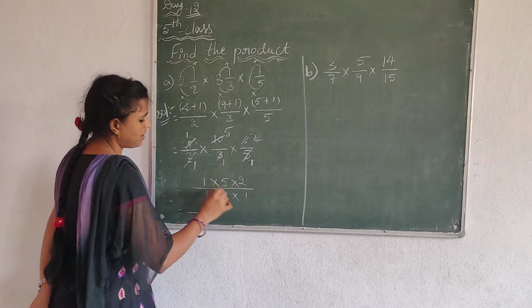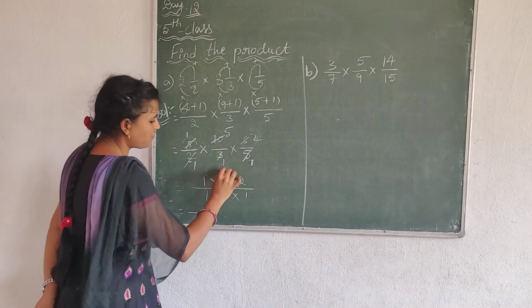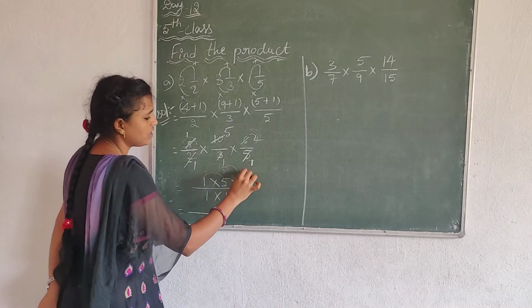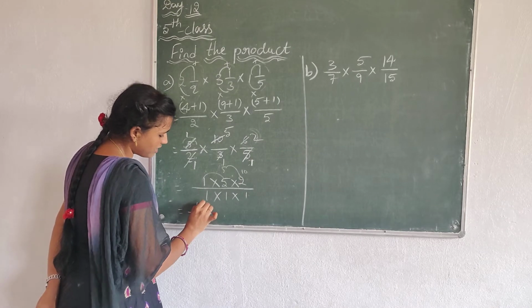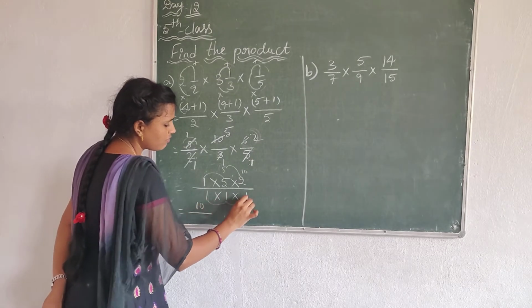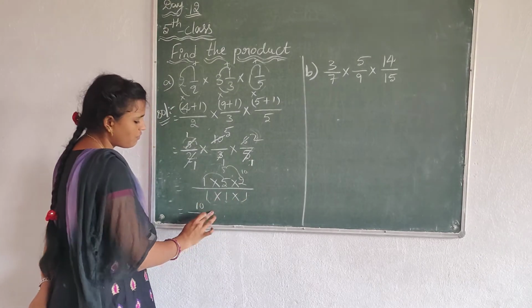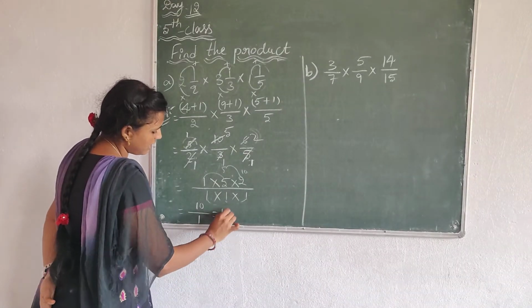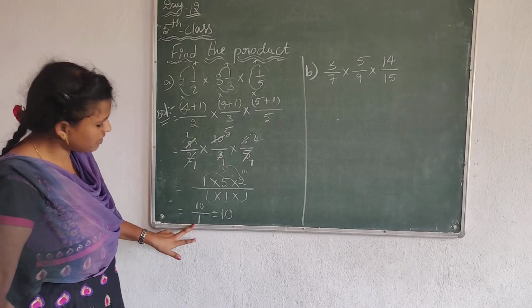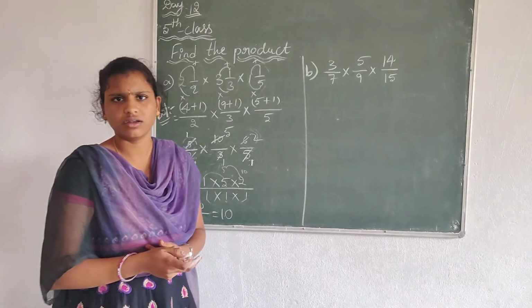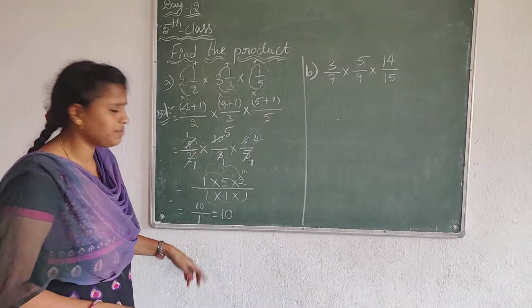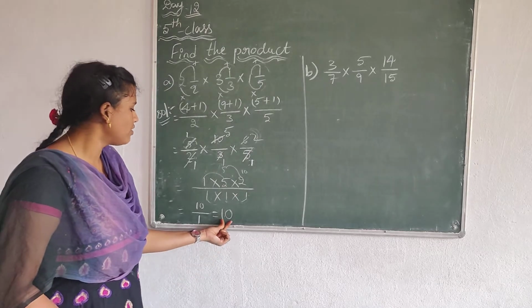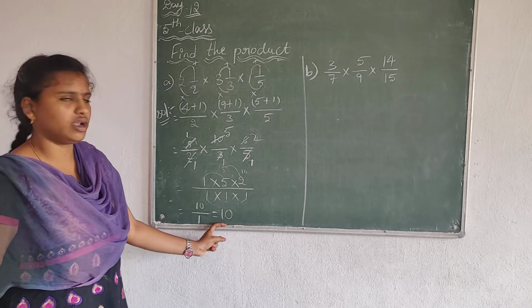Okay, let's multiply. 5 1s is 5, 5 2s is 10. What is the numerator? 10. 1 1s is 1, 1 1s is 1. So the answer is 10 by 1, which is 10. If the denominator is 1, you don't write it. Just write the numerator only.